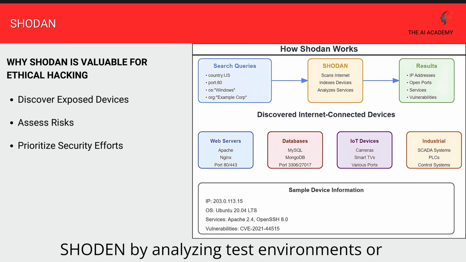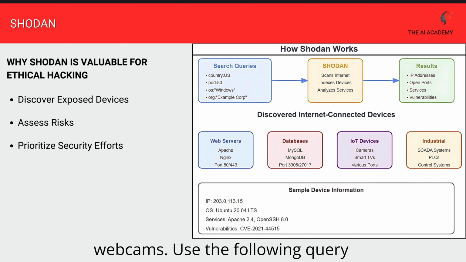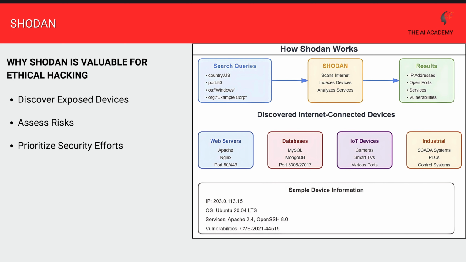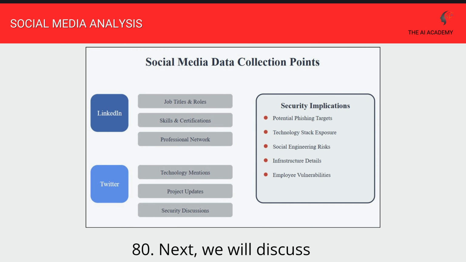Experiment with Shodan by analyzing test environments or publicly available IoT devices, like webcams. Use the following query to discover generic devices in your region: country:US port:80.